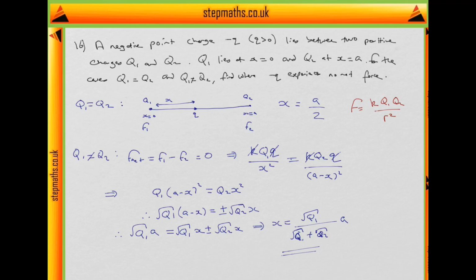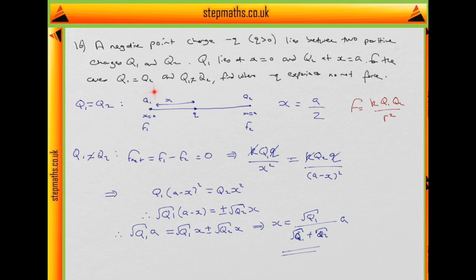We'd have a distance of infinity. Let's imagine the case where Q2 was very slightly less than Q1. The square root of Q1 minus the square root of Q2 would be a very, very small number. Therefore, the square root of Q1 divided by this very small number would be absolutely massive, but negative. So our x value would be right the way down towards minus infinity.